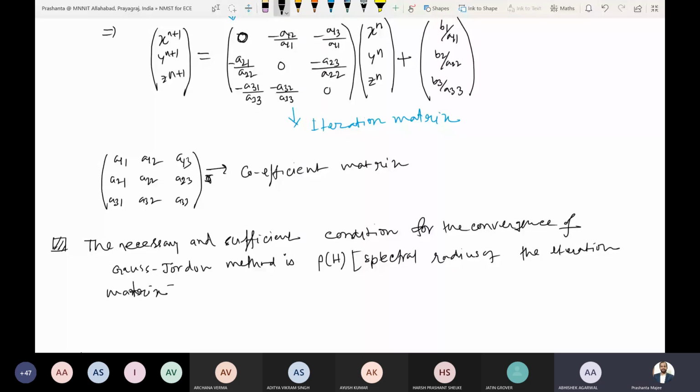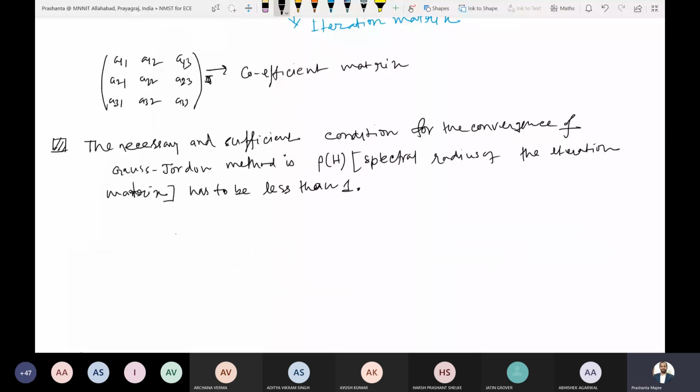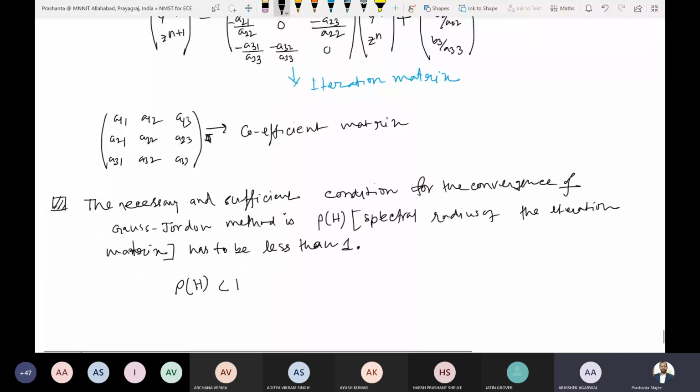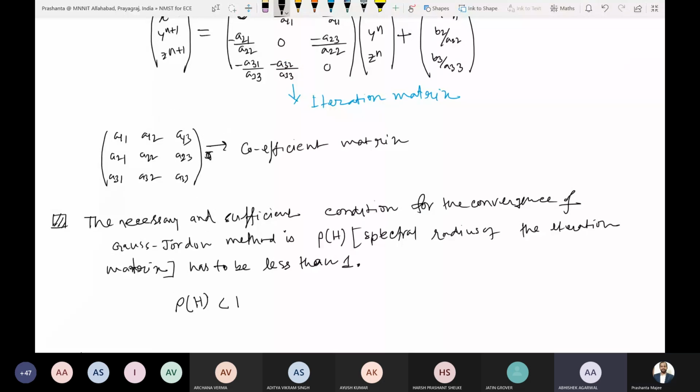Rho of H has to be less than 1. What is rho of H? Spectral radius of the iteration matrix, not the coefficient matrix. Iteration matrix. So what is spectral radius?